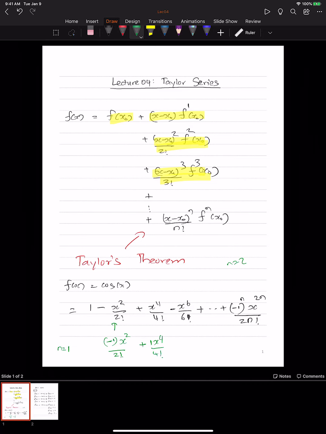So that is n equals 2. This is n equals 1, this is n equals 2, that is for n equals 3, and so on. So that's an expansion of cos x using Taylor series.